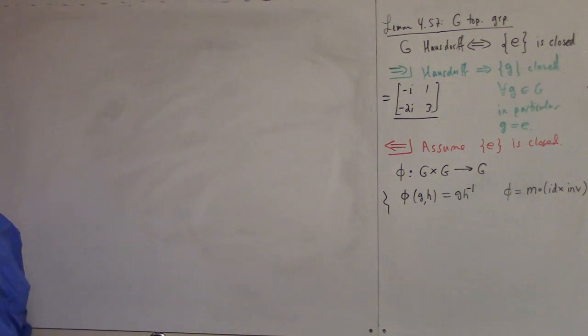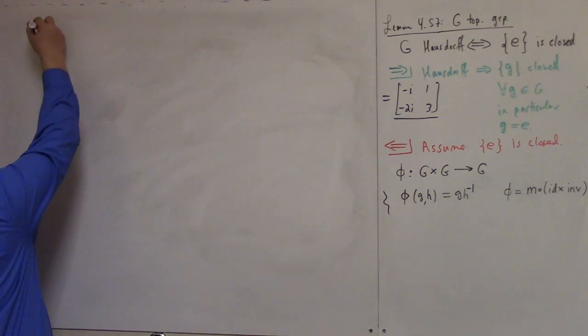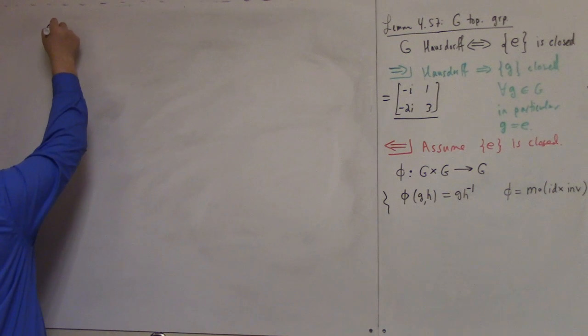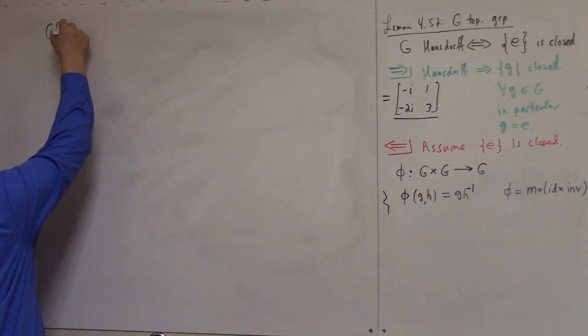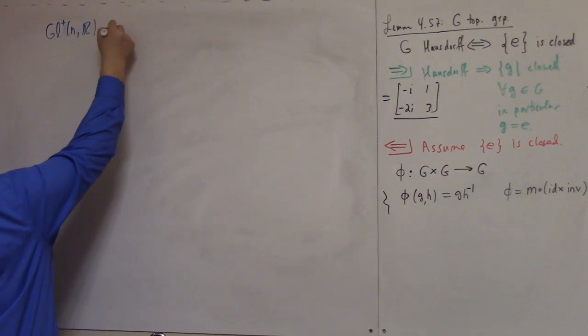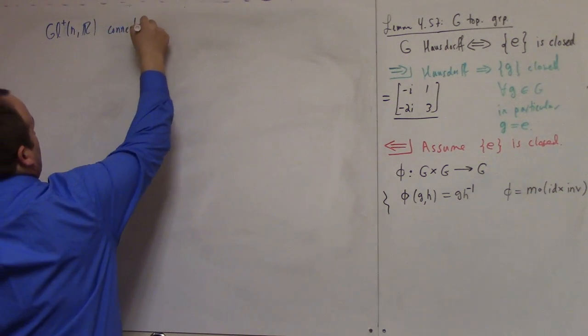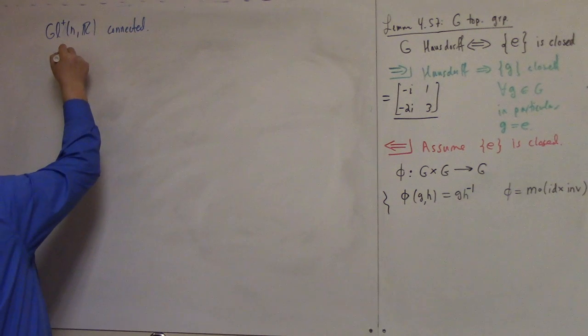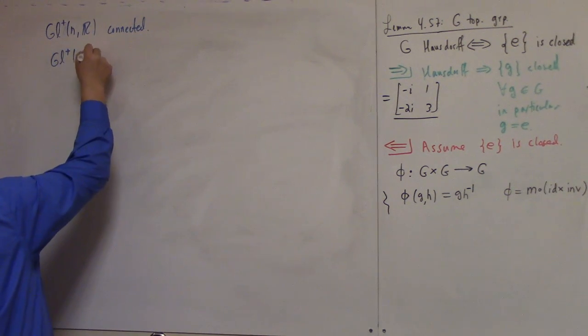All right. So what was our claim? I guess we want to look at why GL plus n of R is connected. So the first thing is, GL plus 1 of R is what?